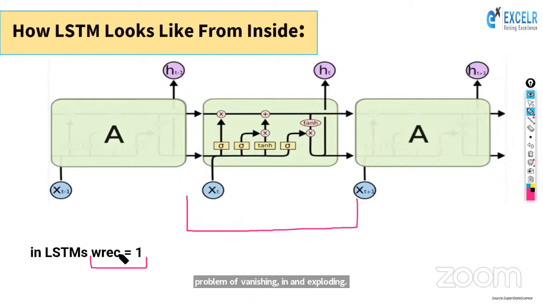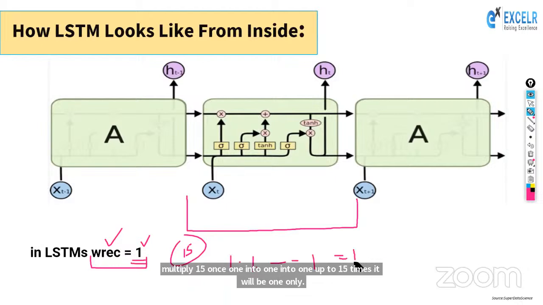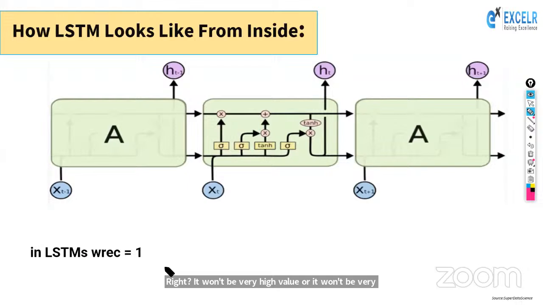If you multiply the recurring weights with the value of one, let's say you have 15 hidden layers, that means you have 15 recurring weights. So if you multiply 1 into 1 into 1 up to 15 times, it will be 1 only, right? It won't be a very high value or a very low value. So that's why we have a recurring weight equal to 1, which will overcome the vanishing gradient problem.